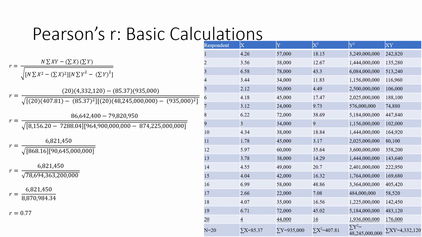First of all, we should take heart in the fact that our R value is indeed between -1 and 1. So remember, if you've done the math and your R value is greater than 1 or less than -1, it means you made a mistake, because by definition, Pearson's R is always between a low of -1 and a high of 1. So it appears that we've done something right here.